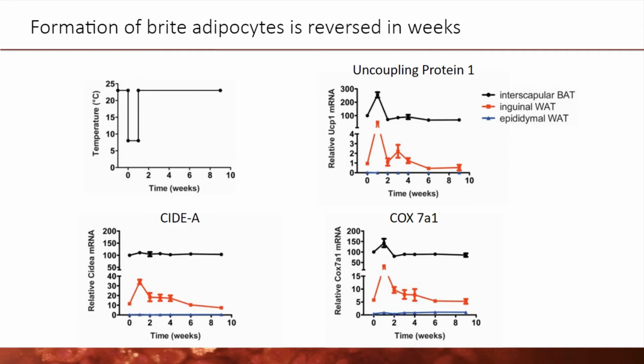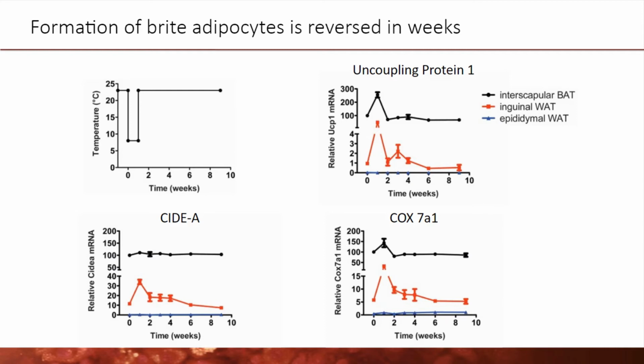We can obviously do a molecular check. This is a bit of a complicated slide, but I think you can follow it. It's the same paradigm, but instead of looking at histology in these animals, we now look at molecular markers that would denote the presence of brown or beige adipocytes. And I want to note here, these graphs are to scale, so you can actually compare amounts between the different tissues.